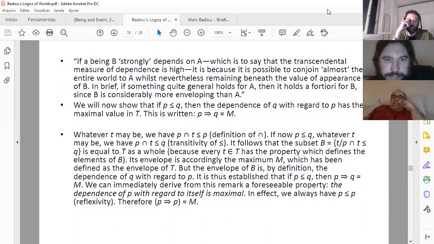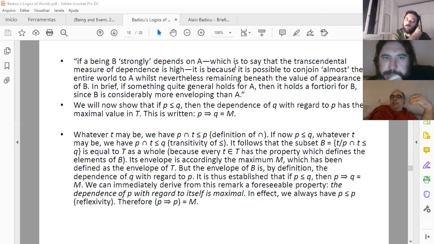So let's make an example: the appearing of moon in the sky and the appearing of full moon in the sky. The appearing of moon in the sky has a higher degree of appearing. It's more likely you see moon in the sky than you see full moon in the sky.